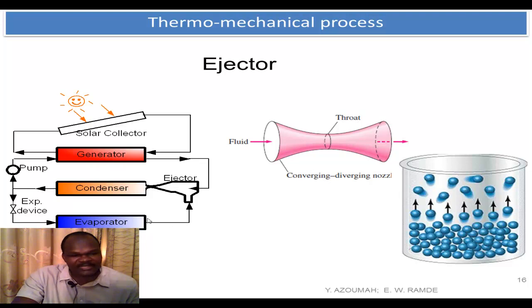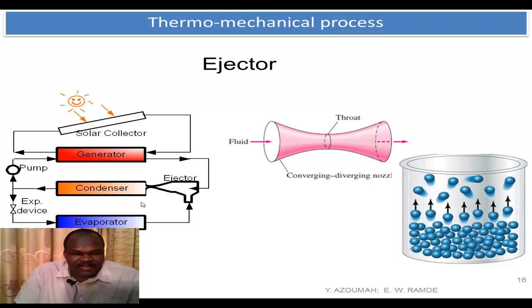So more vapor taken away, more liquid evaporating, and then in doing so, it's taking the heat from the surroundings. So we are creating some cooling. That's how ejector cycle works. It's not more than that.